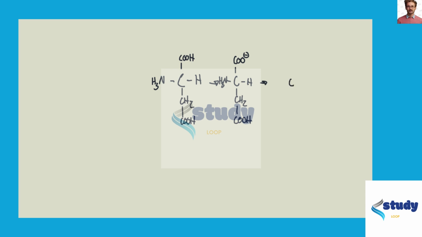And at each step of the way, we will lose another proton, and with it, change the overall charge of the molecule. Sorry, I'm trying to talk while I draw this to not waste your time.